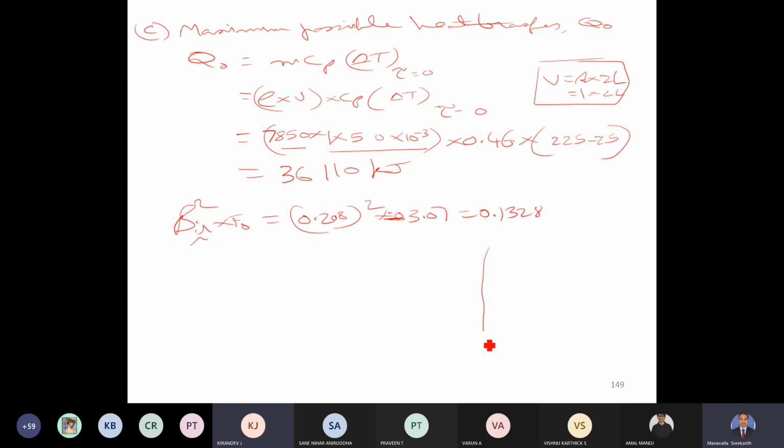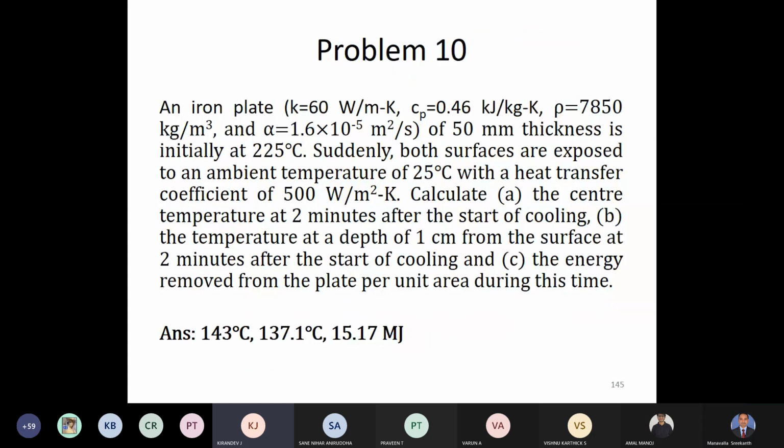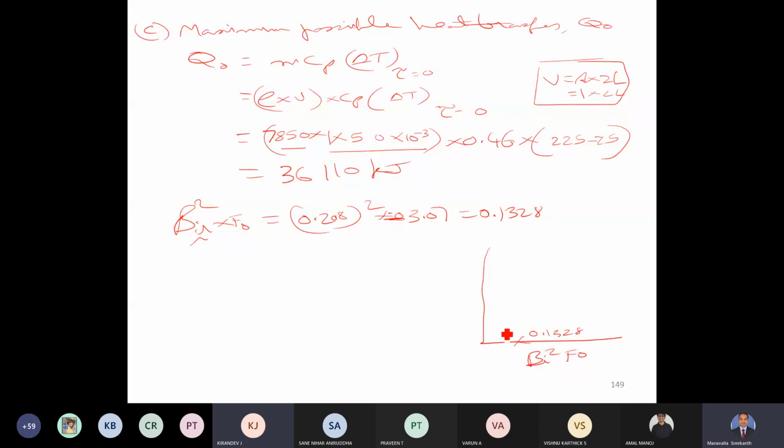On the Grover charts, we'll have to get Biot square Fourier, and then the Biot number is given. Now we'll do that. Biot square Fourier is 0.1328 and Biot number is 0.208.